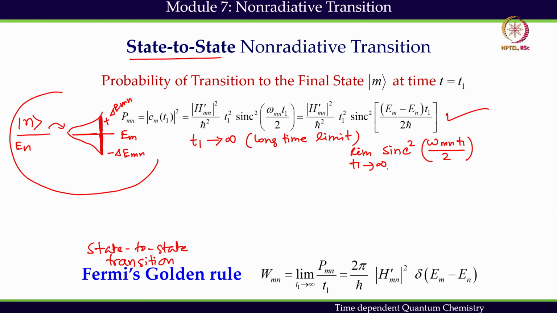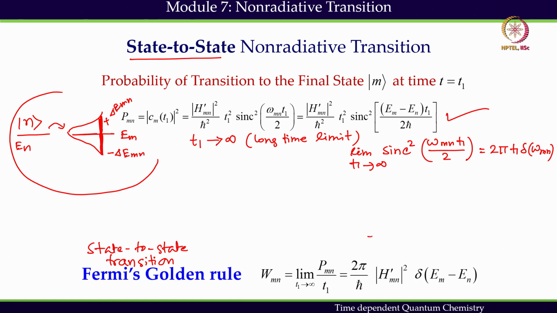Within this limit, this cardinal sine function becomes a delta function, and it can be written as 2 pi T1 delta omega mn. So, this is a definition of a delta function.